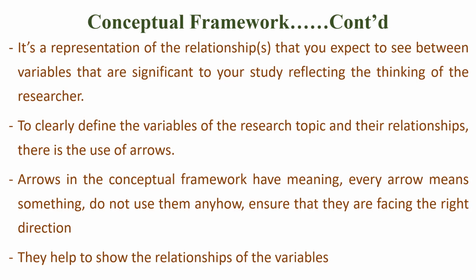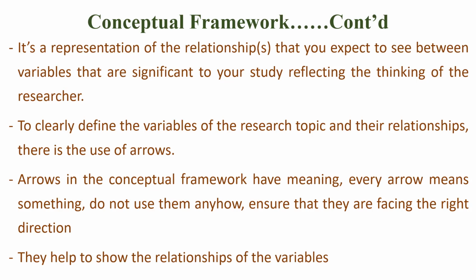To clearly define the variables of the research topic and their relationships, there is the use of arrows. And of course, arrows in conceptual frameworks have meanings. Every arrow that you draw, every line that you draw, whichever direction it faces, has meaning because it explains how one variable relates to the other variable.